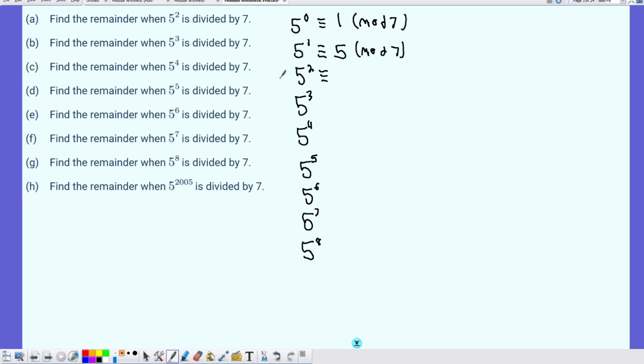And under division with 7, well, 7 times 3 is 21, plus 4 would get me 25. So my remainder would be 4. So 5 squared is congruent to 4 mod 7.